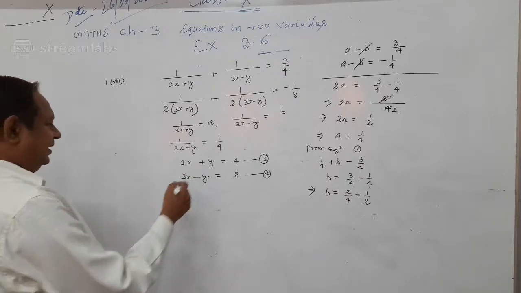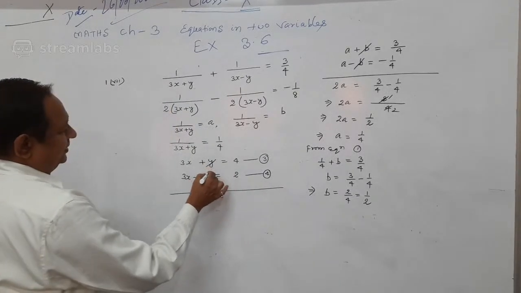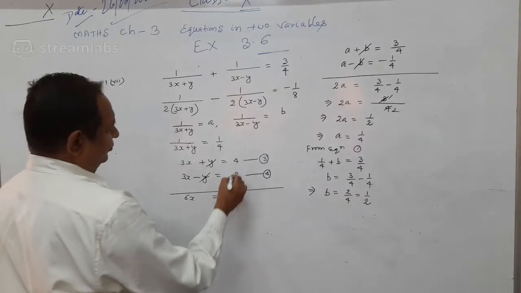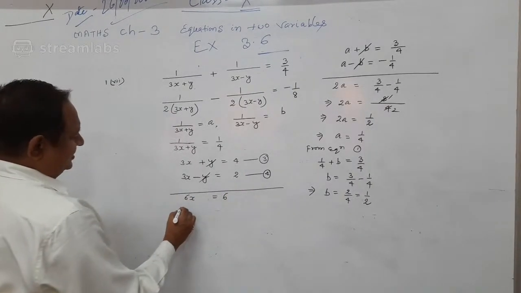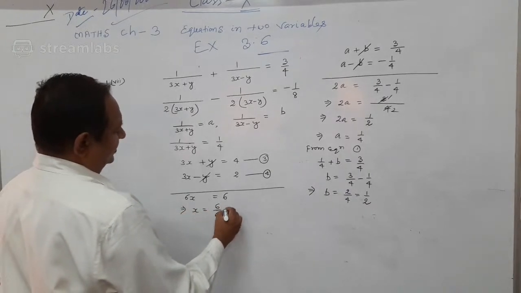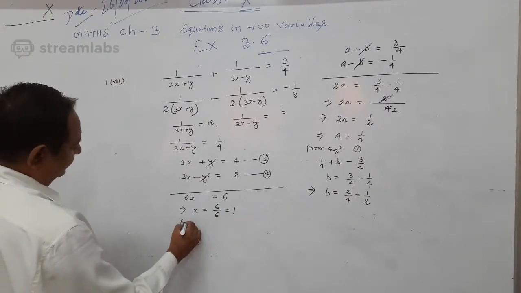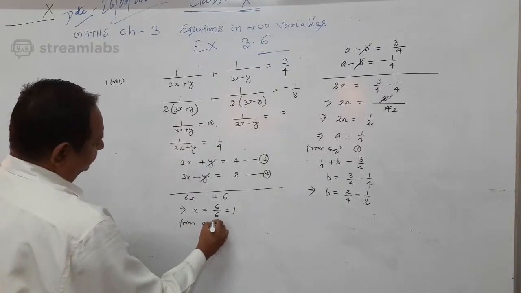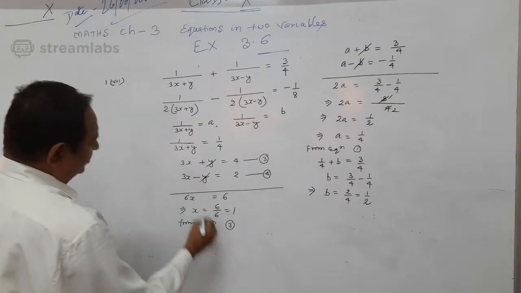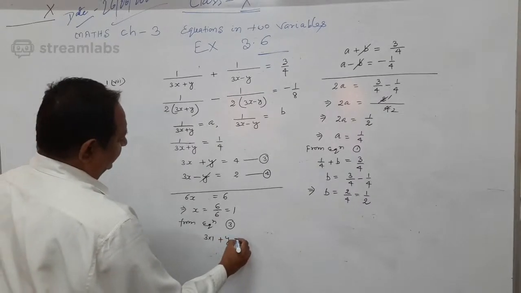Now the coefficient of y are equal, so adding these two equations, this is cancelled, it is 6x is equal to 4 plus 2, 6. This implies that x is equal to 6 by 6, that is 1. From equation 3, 3 into, in place of x, we write 1 plus y is equal to 4.